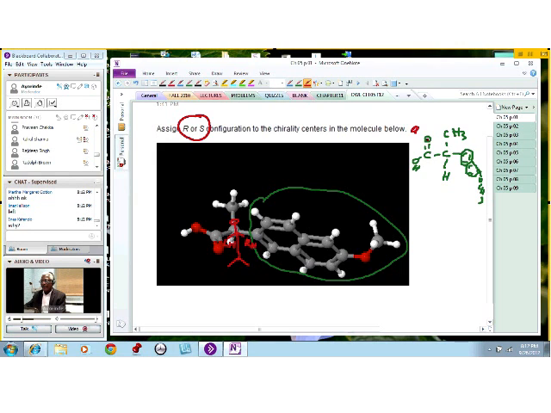So oxygen has priority over carbon. That is why the carboxyl group is given the priority of A. Therefore, what is priority B? Of course, we know this. The group on the right, exactly.